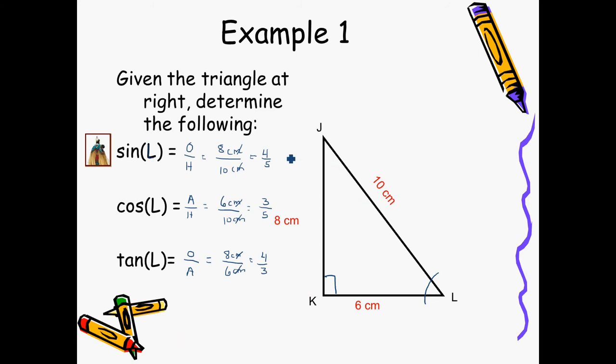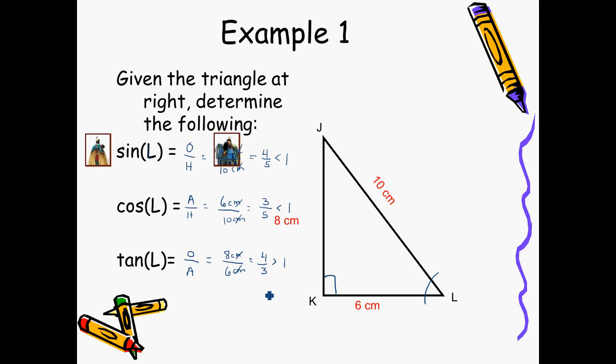Notice that sine is less than 1, 4/5 is less than 1, cosine 3/5 less than 1. Tangent in this case, because the opposite side was longer than the adjacent side, was greater than 1.